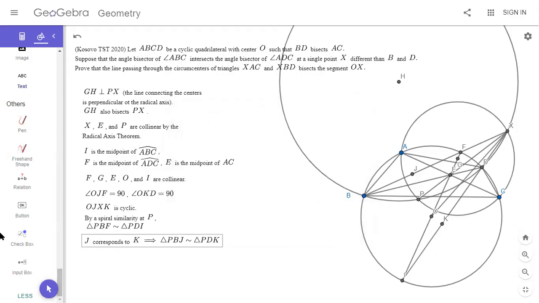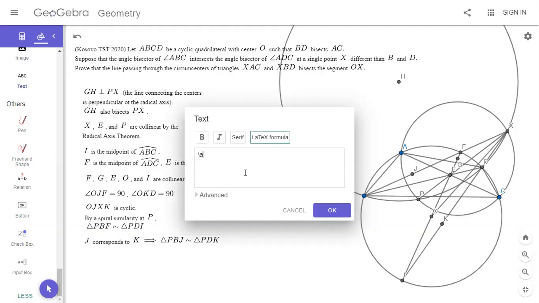Okay, so basically then we get the cyclicity that we want, because that means angle PJB is equal to angle PKI. So I'm sorry, PKX. And so therefore XJPK is cyclic. And then I might as well just add O to that. So XJPKO is cyclic.